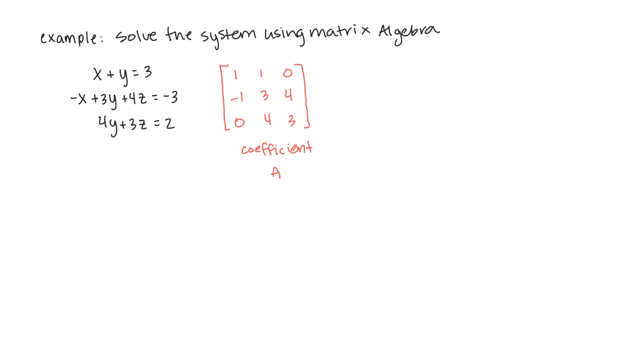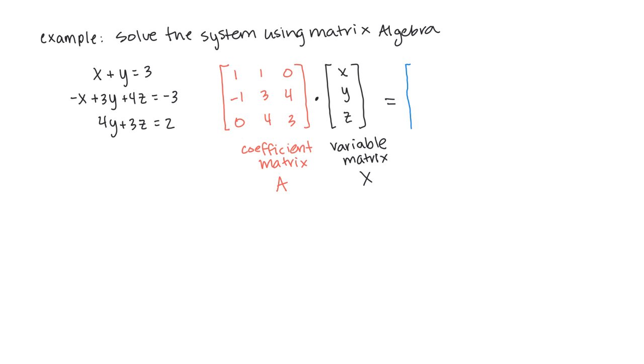Now we want to go ahead and identify our variable matrix, which we called X. And our variable matrix in this problem consists of the variables X, Y, and Z. And then we know that when we multiply those two matrices together, the system tells us that they equal the constant matrix, which is the numbers that are on the right-hand side of our equation.